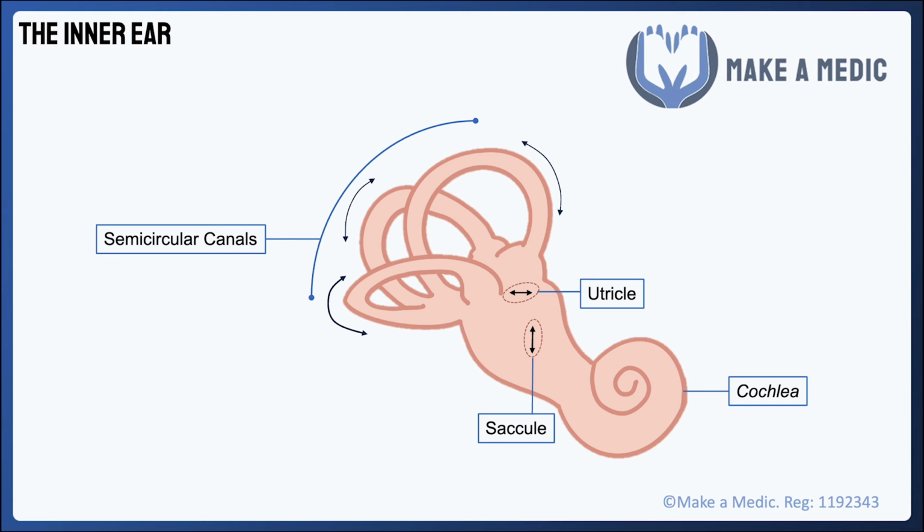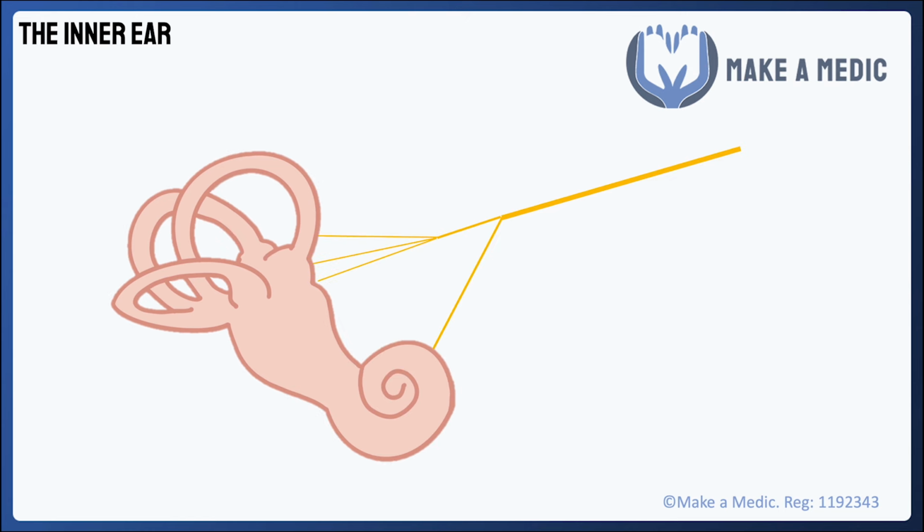And we also have the cochlea within the inner ear, which is responsible for auditory processing rather than balance. But it is in close proximity to the vestibular apparatus, so it can get affected by some of our balance diseases. And the final part of this peripheral balance-related anatomy is the nervous system within the inner ear.